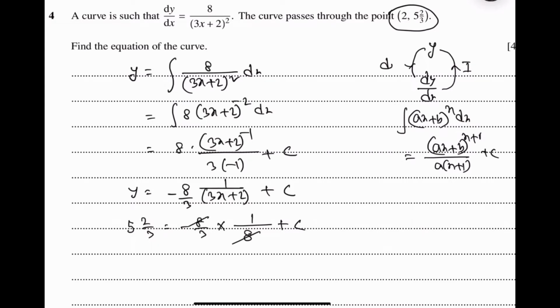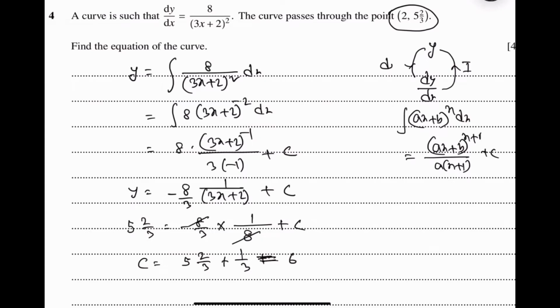The 8s cancel, and if we simplify, then c will be 5 2/3 minus 1/3, sorry, plus 1/3, so it is plus 3/3, that is 6.